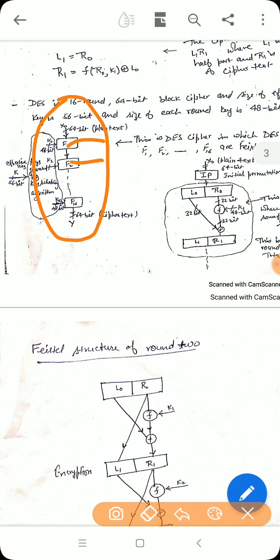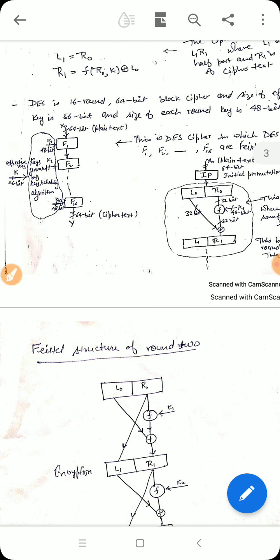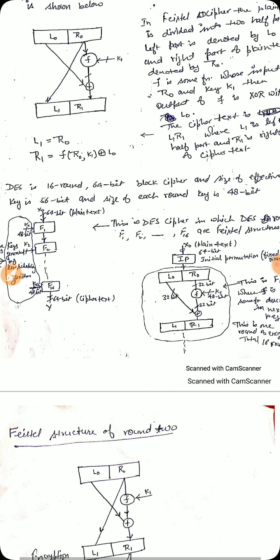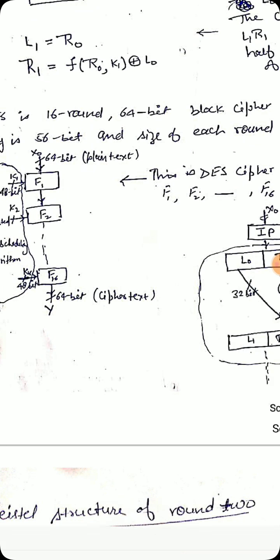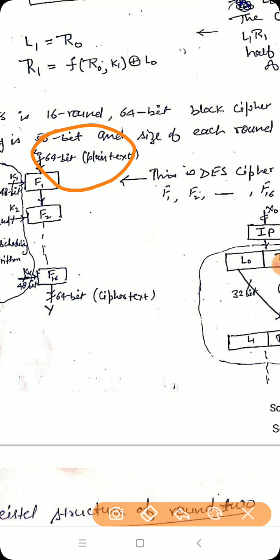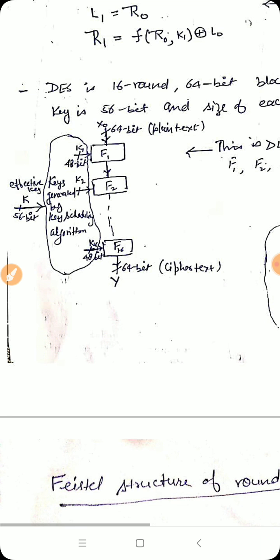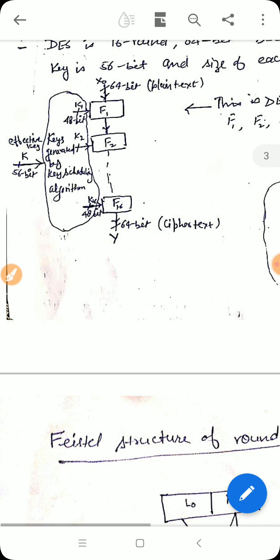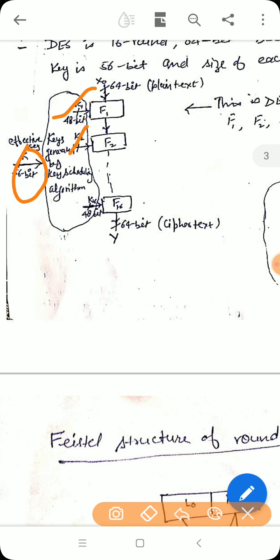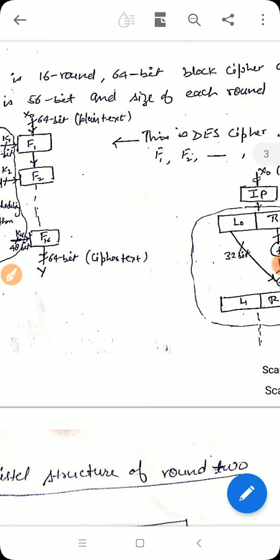This F1, F2, up to F16, these are the 16 Feistel rounds. The plain text size is 64 bit, the effective key size is 56 bit, and the size of round keys is 48 bit.